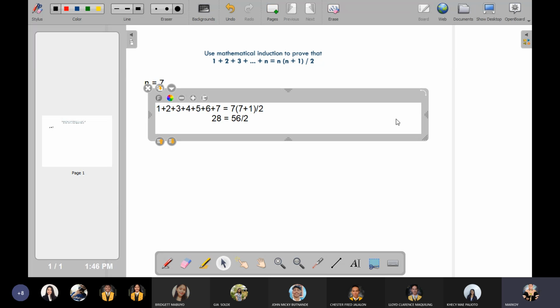So they are equal. 28 is equal to 28. So that is how we prove that the expressions on the left and right are equal using mathematical induction.